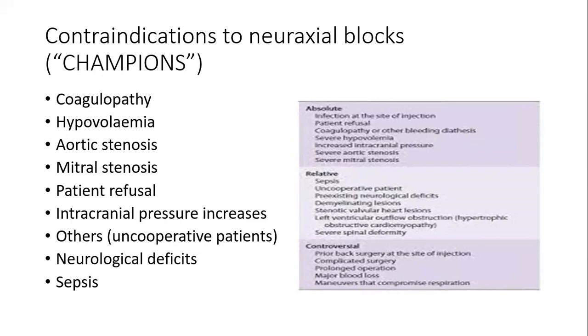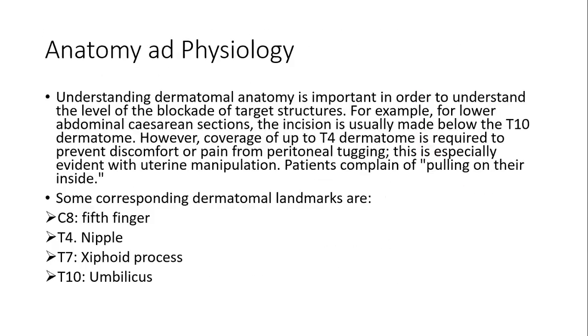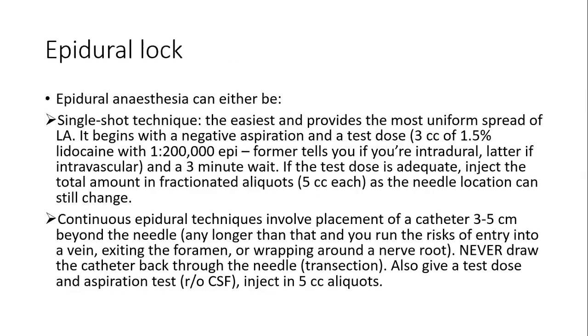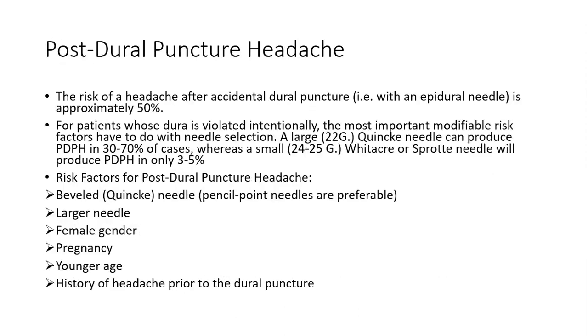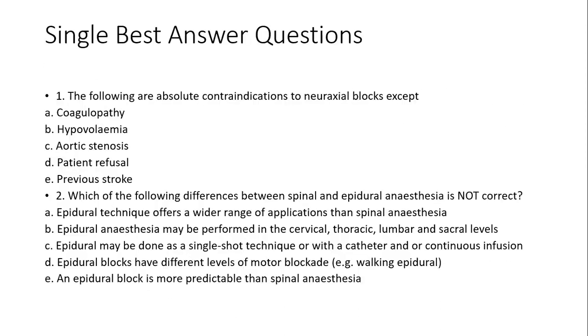Infection at the site of injection, patient refusal, coagulopathy or other bleeding disorders or diathesis, severe hypovolemia, increased intracranial pressure, severe aortic stenosis, or severe mitral stenosis. So what would be your answer? Let's go back to the question. It would be previous stroke, which I think was the last one. Yes, correct. Because you agree now. Yes, doctor, I agree. Thank you.